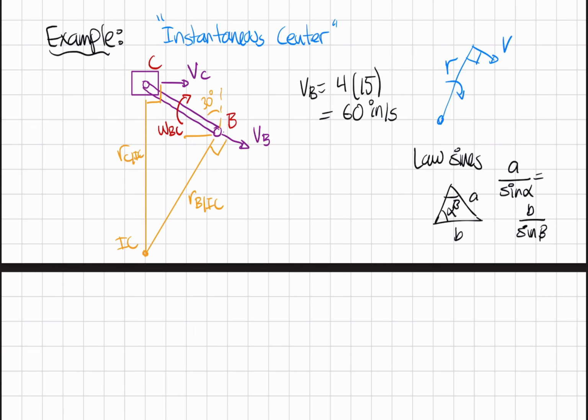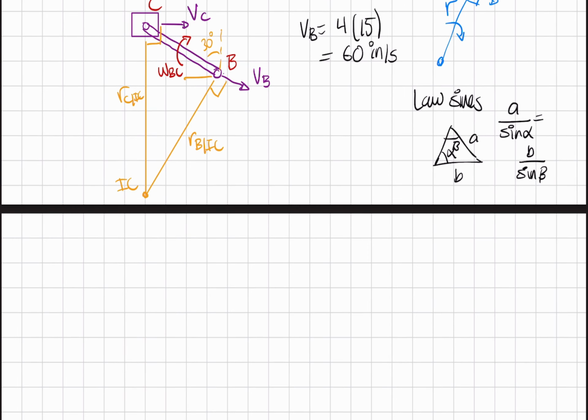So here what I can do is say, scroll down just a little bit, RCIC, the position of C relative to IC, divided by the sine of an angle. What is the sine of this angle? This angle is 60 degrees. This is something we knew from earlier. We knew this angle was 30 degrees, so this must be 60 degrees too.